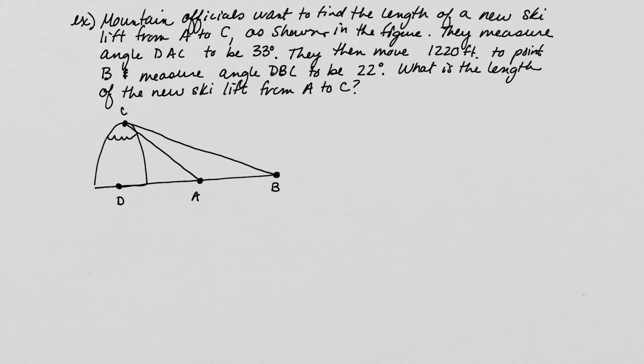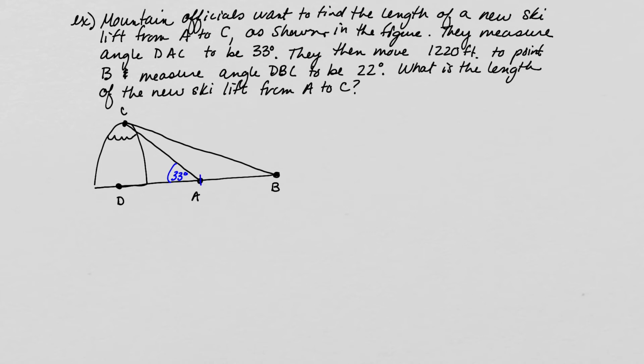So we'll look at another problem here. Mountain officials want to find the length of a new ski lift from A to C as shown in the figure. They measured the angle DAC to be 33 degrees. So if I put DAC in here, we know that DAC is going to be 33 degrees. So that's this angle here. They then move 1,220 feet.